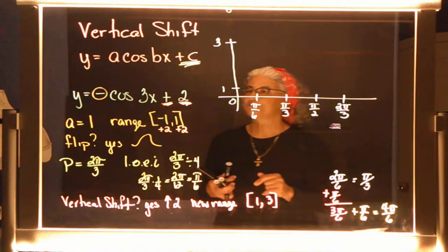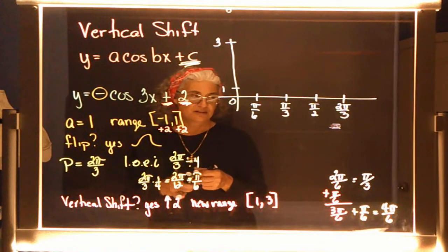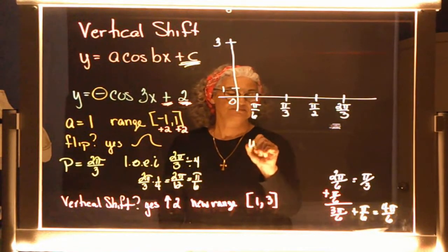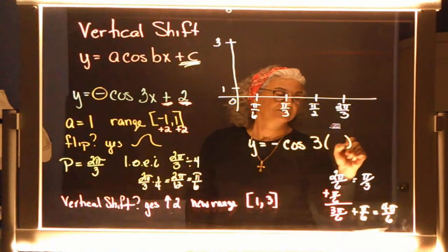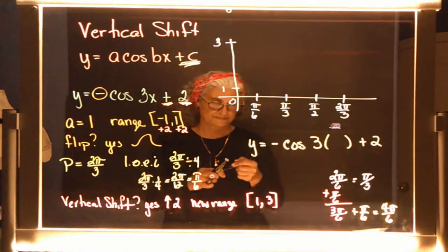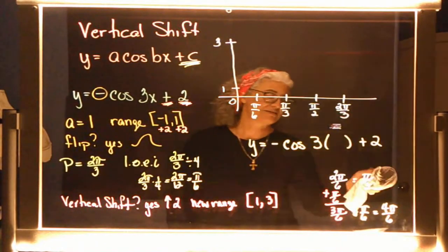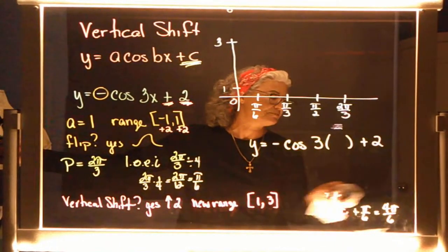So, my equation, let me just rewrite it over here. It might be a little bit easier to see. And I left the parentheses because that's where the x is. That's the numbers we get to plug in, right? Those are the new radian measurements we get to plug in.